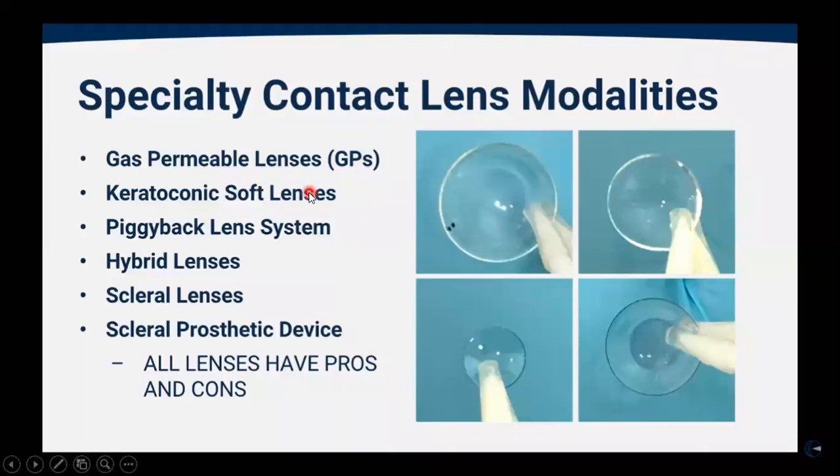That's why they have removed the word rigid. So nowadays it is called GP lenses. It is the more conventional way of correcting keratoconus, and the most widely used method of correcting keratoconus.